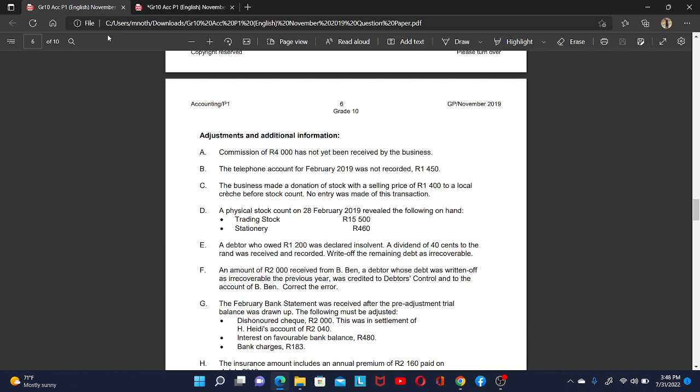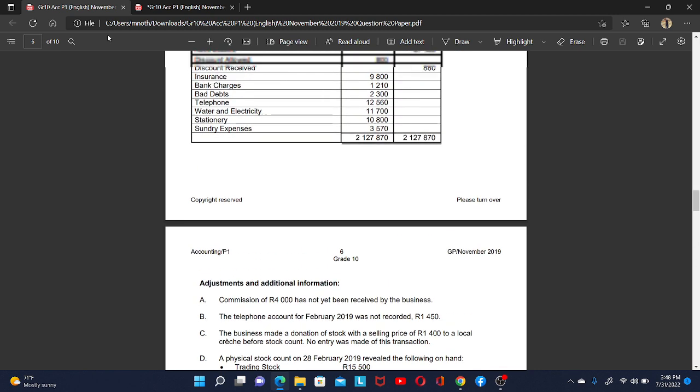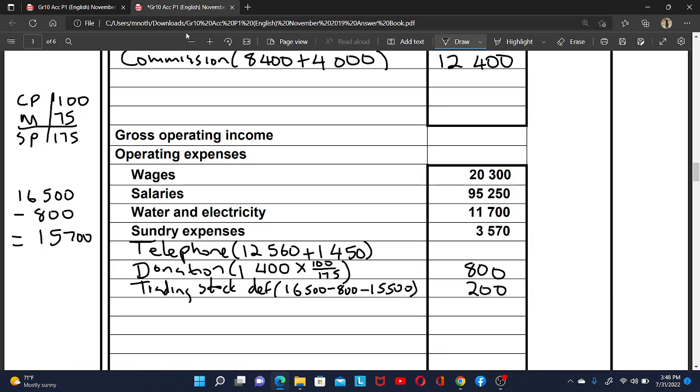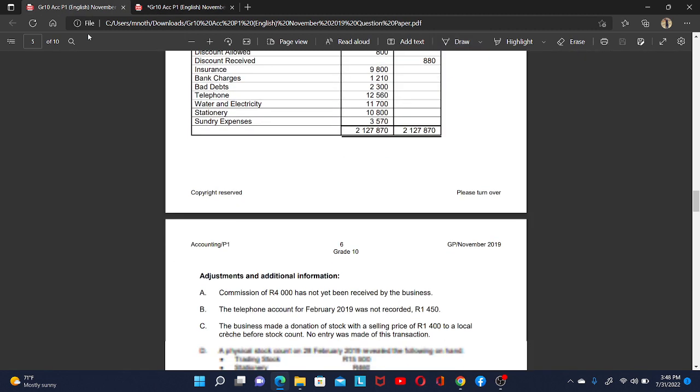Okay, and then number 2, we have stationery of 460. How much is the stationery? The stationery is 10,800. Then what are they saying in the adjustment?